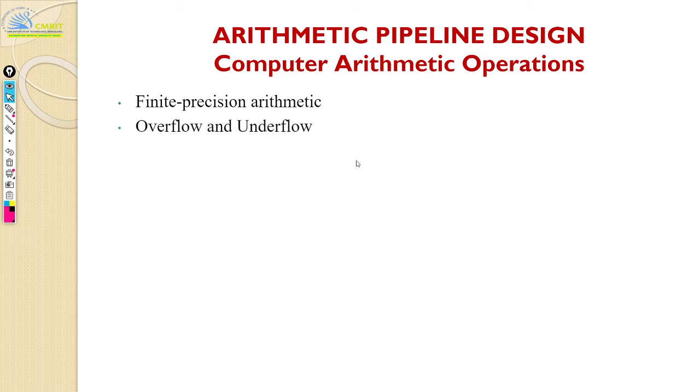And you also have to deal with overflow and underflow. So what is overflow and what is underflow? Overflow is when you have two positive numbers being added, and then you have a negative result.